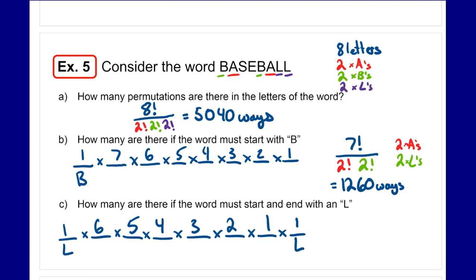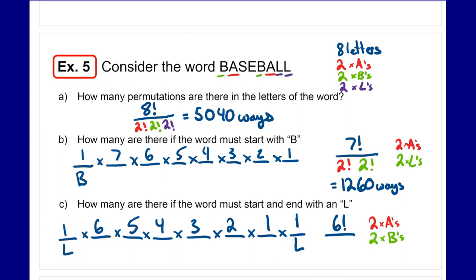Oh, we have one too many spots. So in this case, it'd be 6 factorial, because there's 6 items that we're arranging, with the L's on the ends, divided by, we still have identical objects. We still have 2 A's, and we still have 2 B's that could be in different spots.